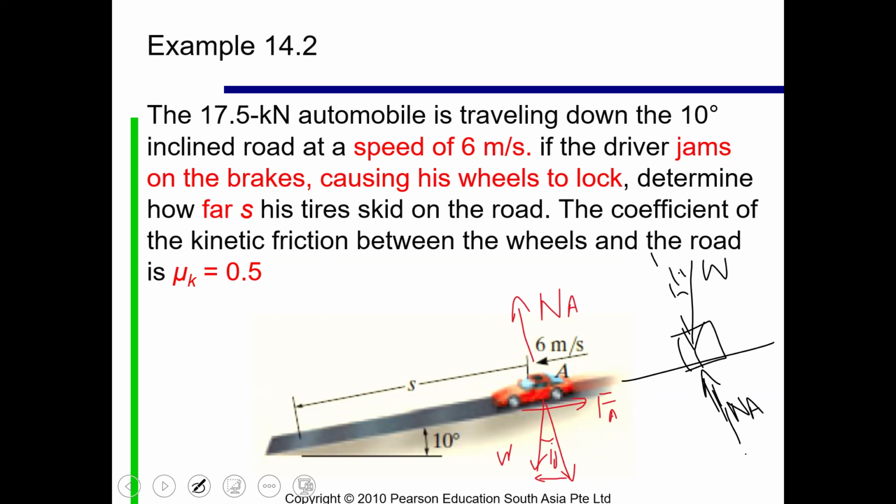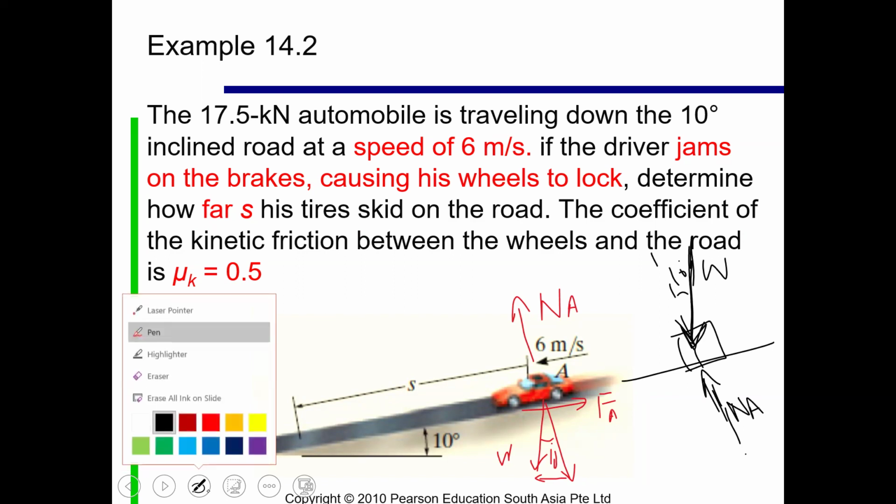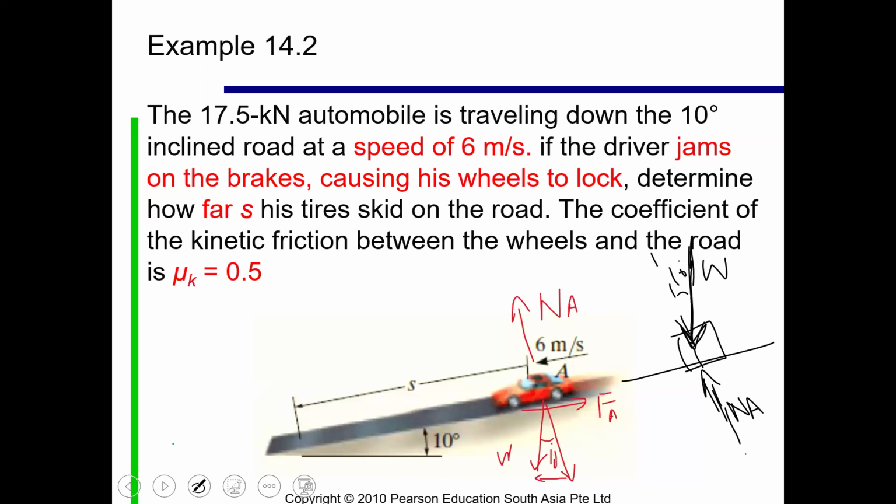This angle is 10. So which component of weight is technically present in the direction of N_A? This is the weight, right? I need to take the component of weight which is in the direction of N_A. Which one is it, cos or sine? Cosine. So it has one component like this, and another component like this.